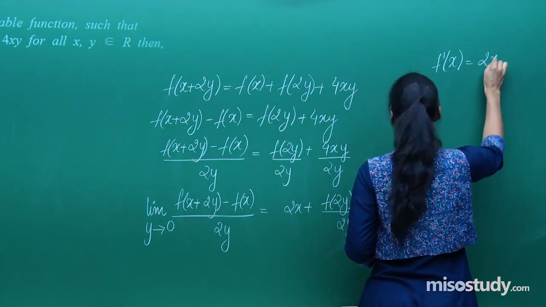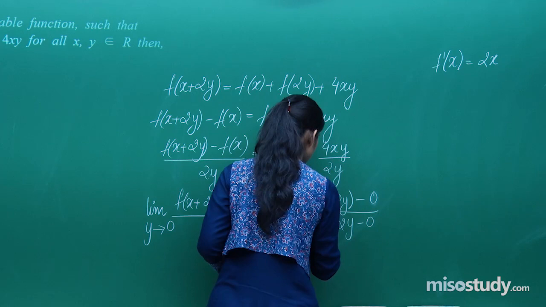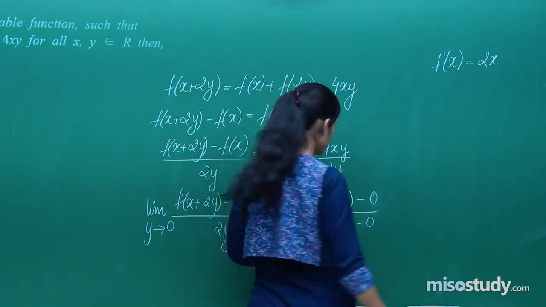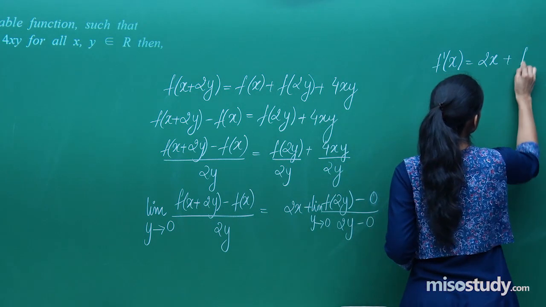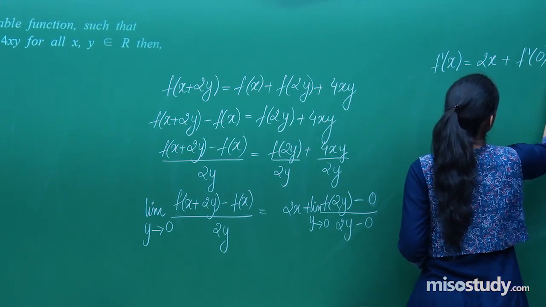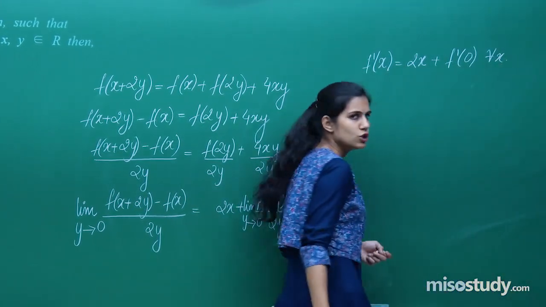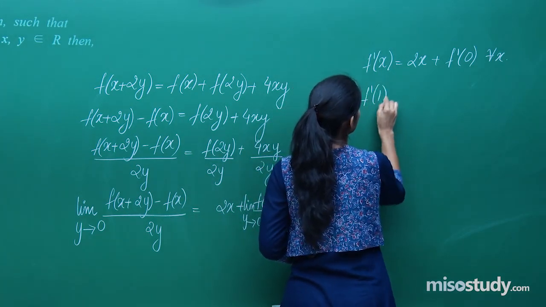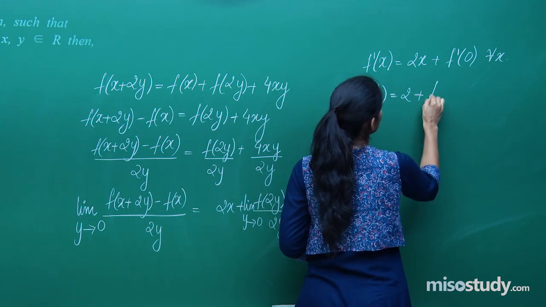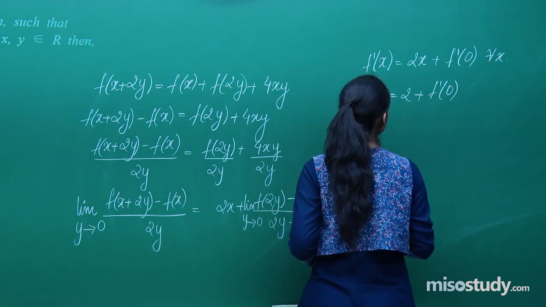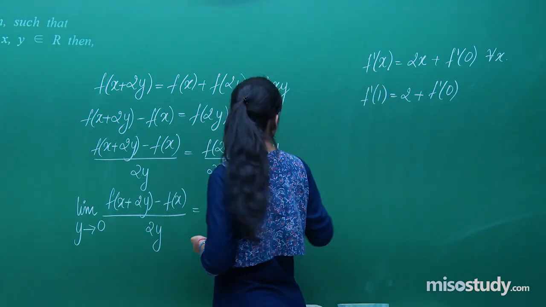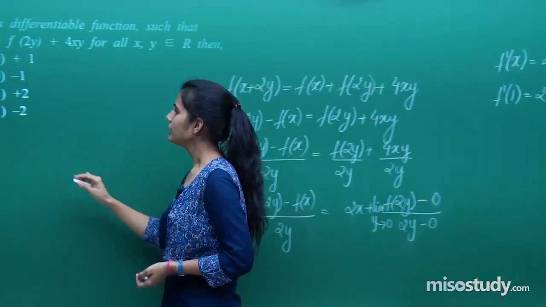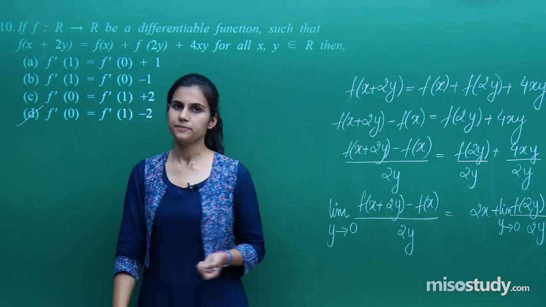This is equal to 2x plus, again limit y tends to 0, this is f dash 0, and this is true for all x. So in particular for x equals 1 also it is true. So I get f dash 1 equals 2 into 1 plus f dash 0, or I can say f dash 0 is f dash 1 minus 2, and therefore this happens to be your answer.